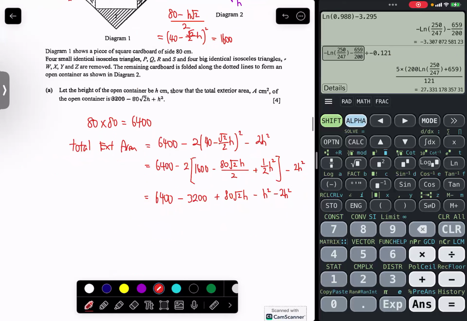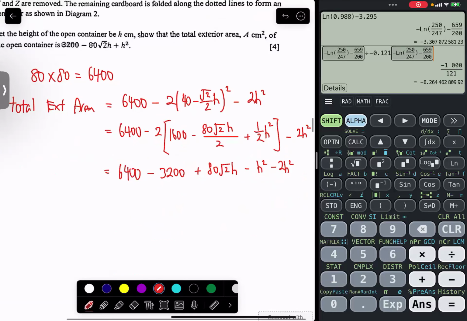I think it's a typo in the question, right? Because the answer key also shows 6004 minus, so that would be 3002 plus 80 root 2h minus 3h squared. Right, that's what the answer key shows. So probably a mistake down here.